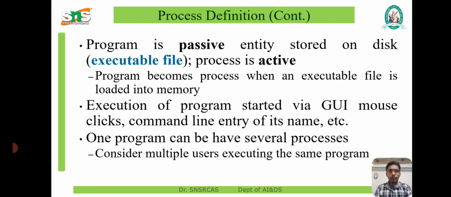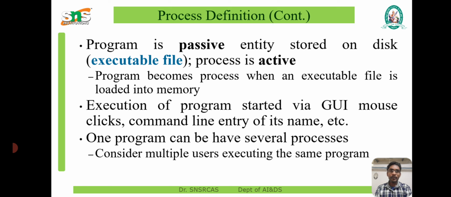And a program is basically a passive entity which is stored in the disk as an executable file, whereas a process is an active entity from the operating system's point of view. A program becomes a process when an executable file is loaded into the memory. Whenever the program is stored in the secondary memory, it will not be considered as a process.